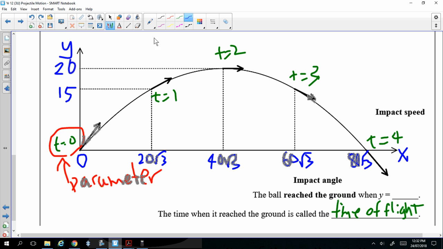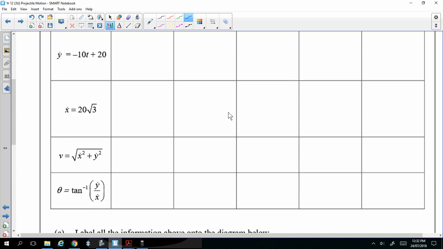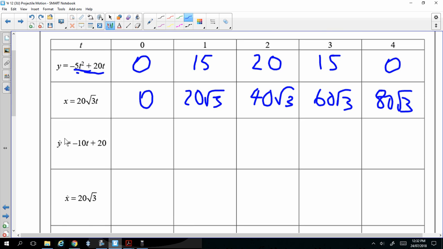Let's look at the velocity. Let's substitute these numbers, t equal to 1, t equal to 2, etc. So when t is 0, y dot is 20, and when t equal to 1, y dot is 10. Remember, acceleration is negative 10, which means you're losing 10 meters per second every second. So 20, 10, next one will be 0, next one will be negative 10, negative 20, right?